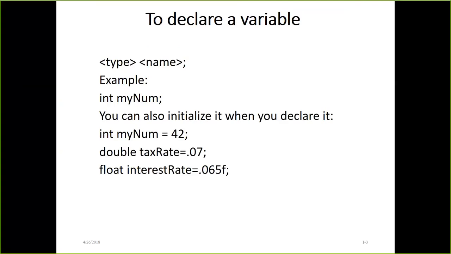Okay, so I think everybody knows how to declare a variable. In order to declare a variable in Java, Python and C#, we need to declare the type first. Type means what kind of data you want to store.